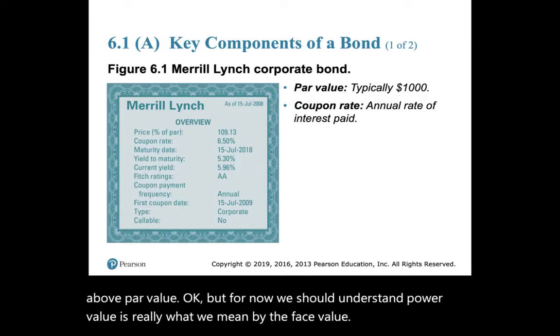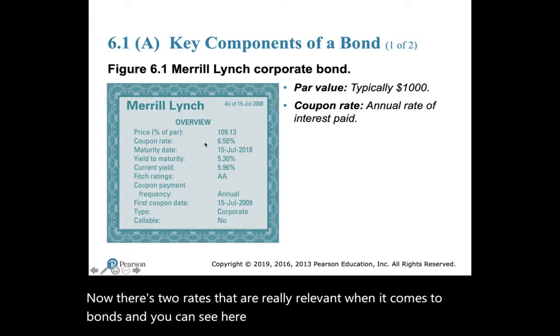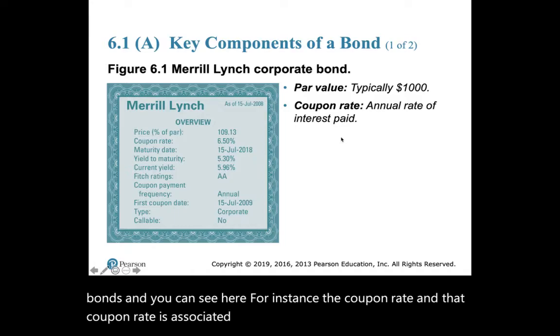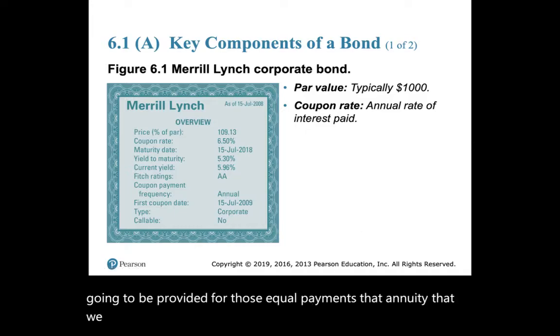Now, there are two rates that are really relevant when it comes to bonds, and you can see here, for instance, the coupon rate. That coupon rate is associated with the periodic interest rate that is going to be provided for those equal payments, that annuity that we mentioned in terms of how the bond is valuable for the lender.